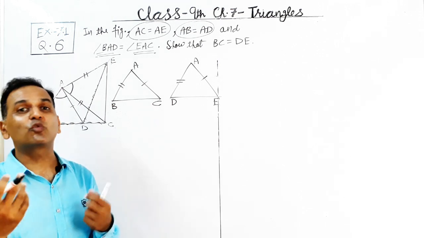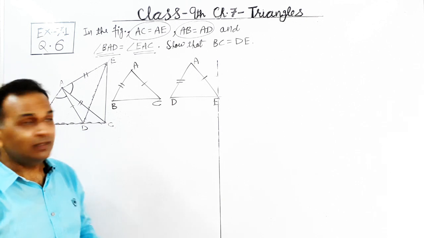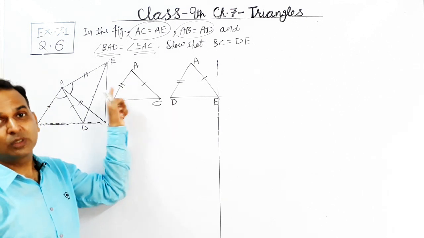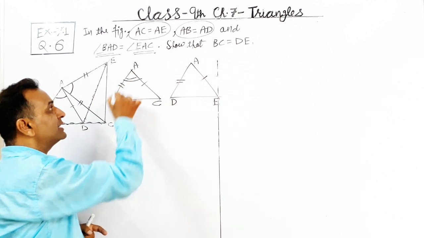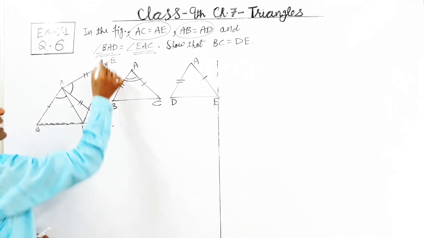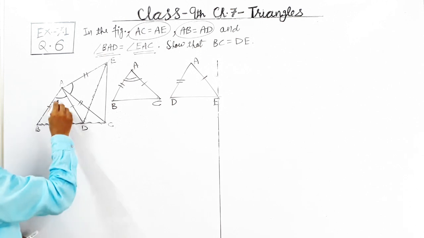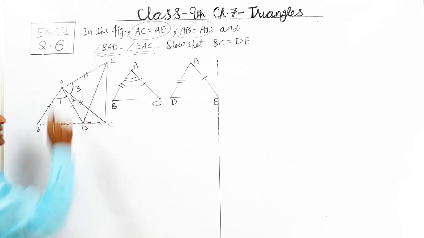Okay, so we have to find some angle, and which angle? The included angle of these two equal sides. The included angle is angle BAC, but we have angle BAD only. Suppose this is angle 1 in the main figure, this is angle 2 and this is angle 3.